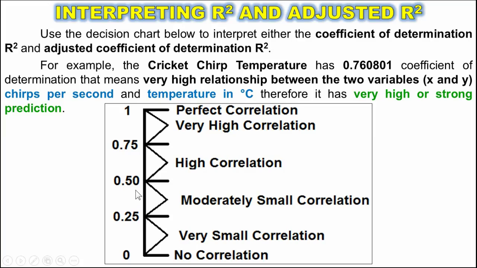An R square that falls in the range from 0.50 to 0.75 means it is a high correlation. An R square that falls within the range from 0.25 to 0.50 is a moderately small correlation. An R square that falls within the range from 0 to 0.25 indicates very small correlation.